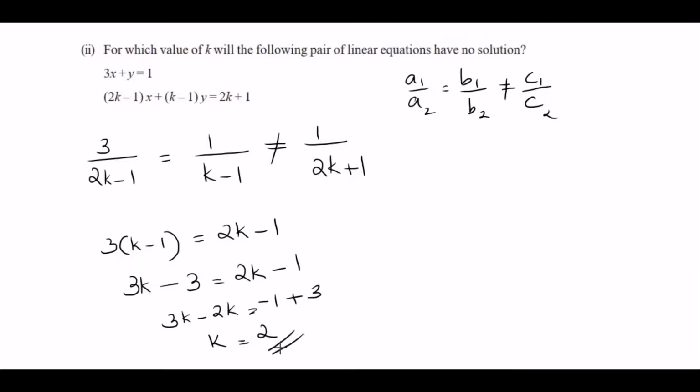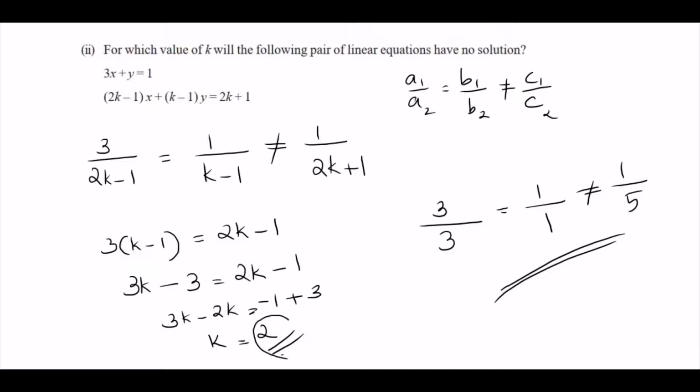So when you take the value of k as 2, you will get 3 by 4 minus 1, that is 3, is equal to 1 by 2 minus 1, that is 1, that is not equal to 1 by 4 plus 1, that is 5. So here when the value of k is 2, this pair of linear equations will have no solution.